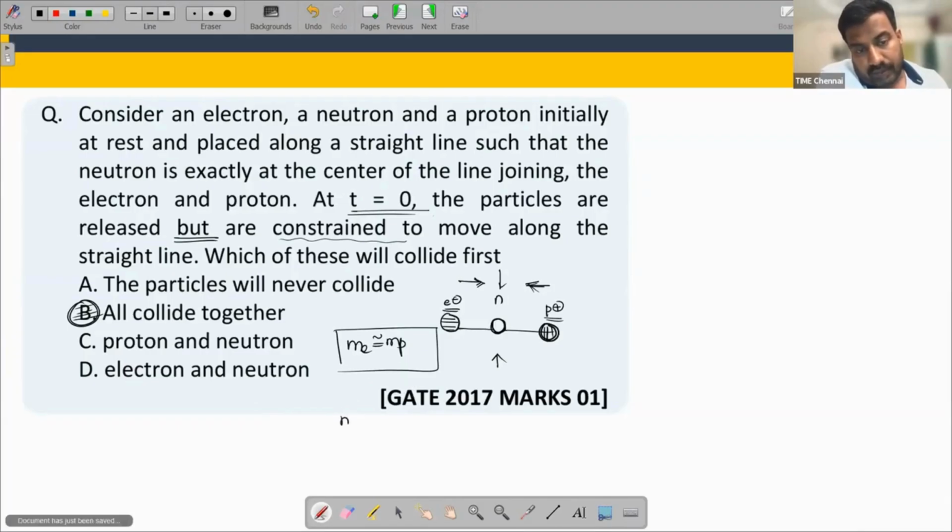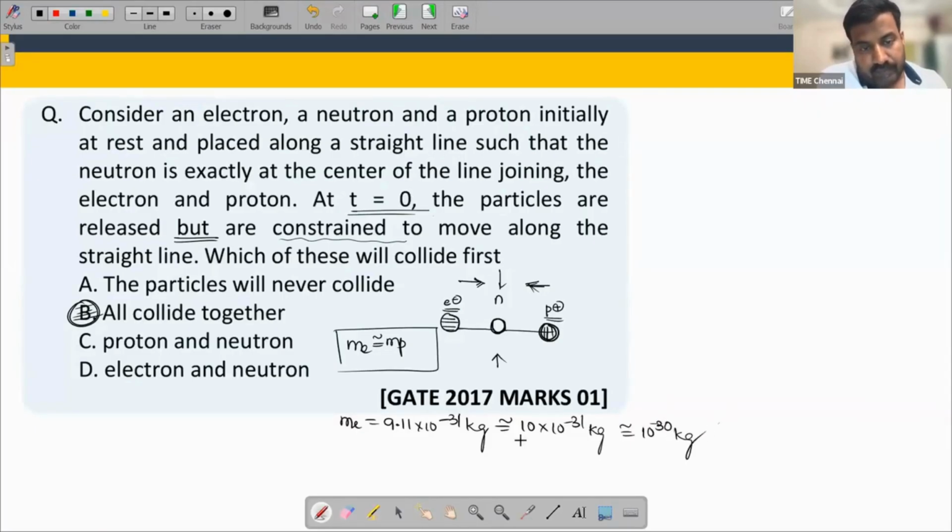But you know, mass of electron is 9.11 into 10 power minus 31 kg, which is approximately 10 power minus 30 kg. And what is mass of proton?